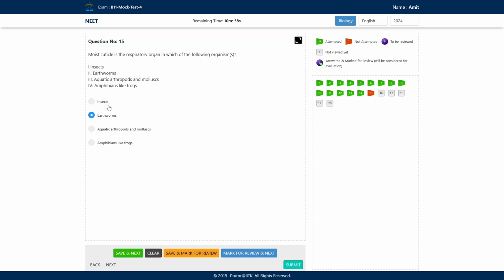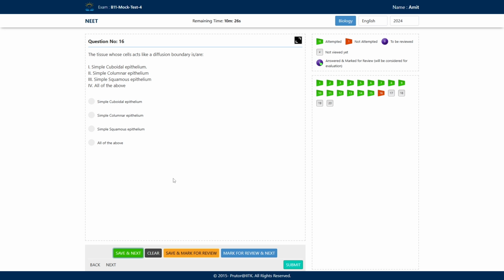Instead, they have holes called spiracles through which they take in oxygen. So insect is incorrect. Aquatic arthropods and mollusks also do not have such a cuticle-like covering. Amphibians like frogs respire with the skin, but they do not have any cuticle-like covering, right? So earthworm is the correct answer. Let's save it and move to our next question.